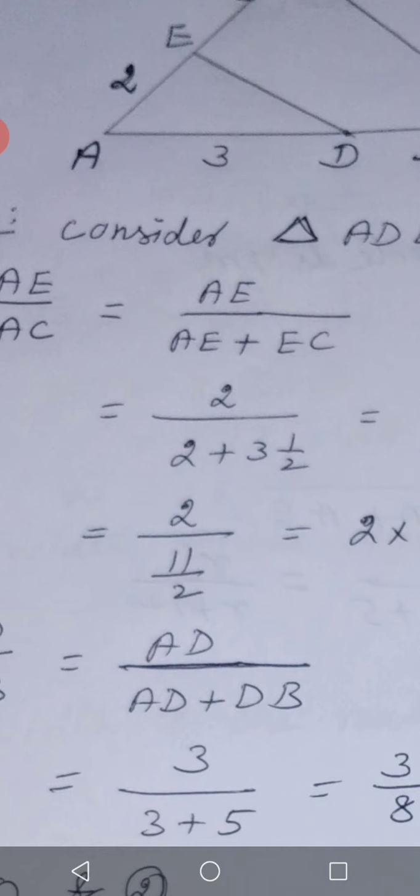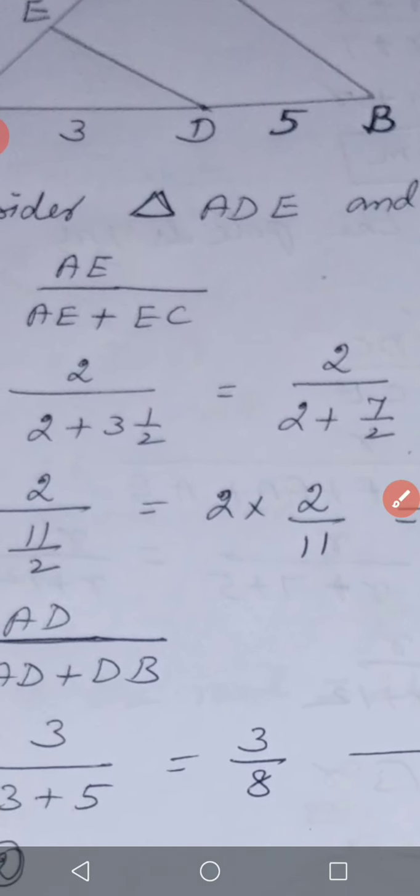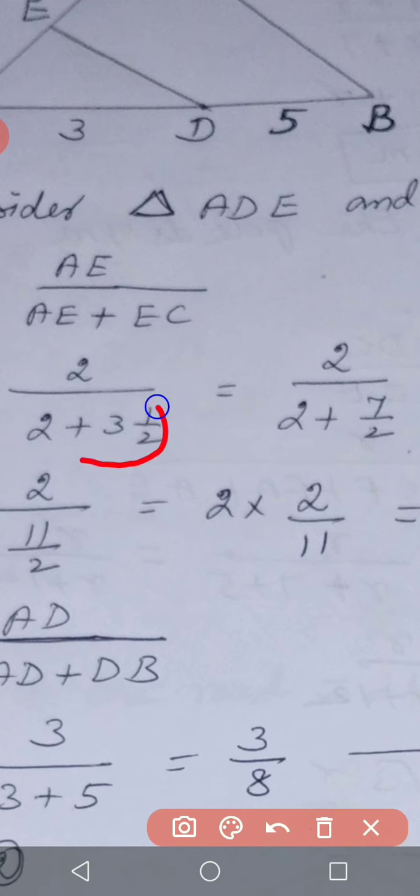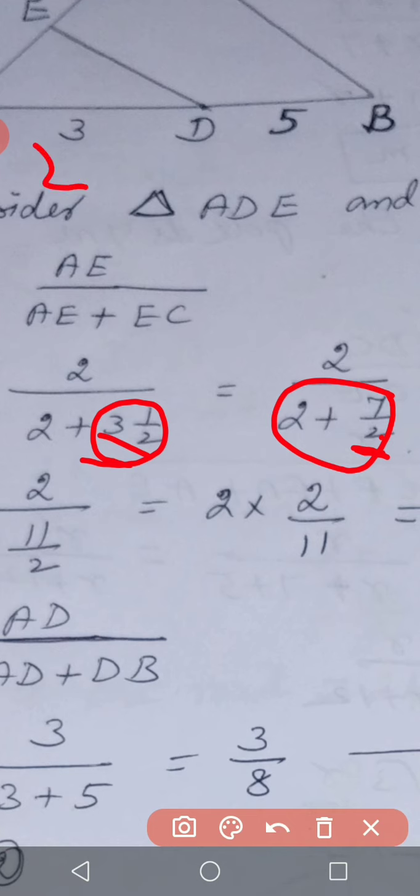Now in the denominator, see here, this is 3 1 by 2. This is a mixed fraction, so convert it into an improper fraction. 3 twos are 6, and add 1, so 7 by 2. Now simplify this. Here 7 by 2 is a fractional number and 2 is a whole number, so take 2 as common. 2 plus 7 by 2.